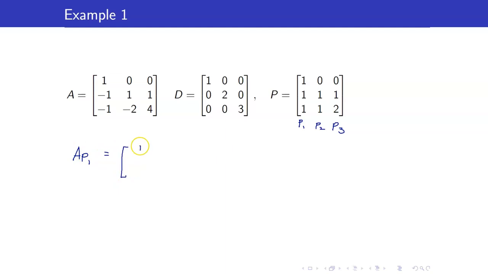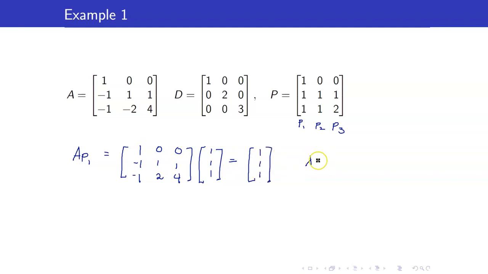Let us call the columns P1, P2, P3, and let us compute AP1. When we multiply A with P1, we get P1 also. And that is because (1, 1, 1) here is an eigenvector corresponding to your eigenvalue 1.